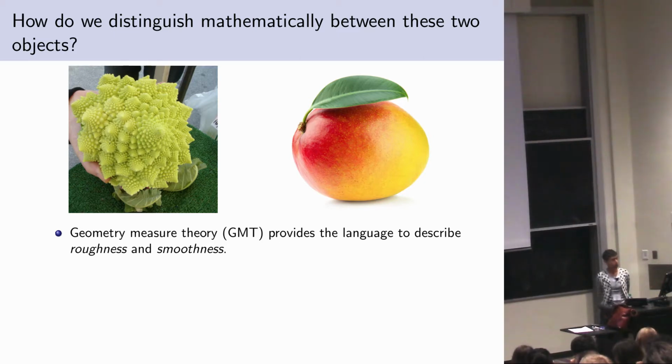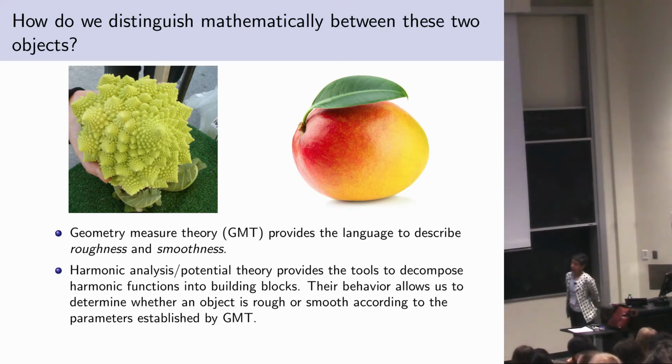So I will tell you what are the two things we're going to look at. Harmonic analysis, like potential theory, provides the tools to decompose harmonic functions into building blocks. What harmonic functions am I talking about? I'm going to think of both the Romanesco and the Mango as a domain, what's inside.